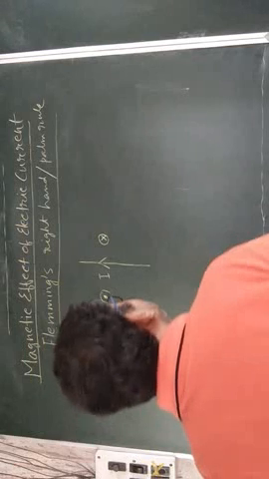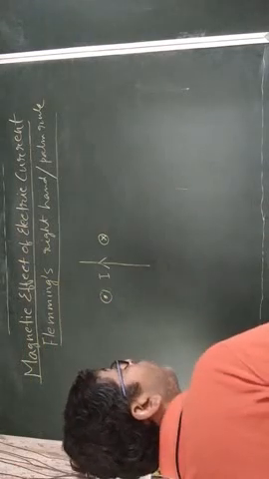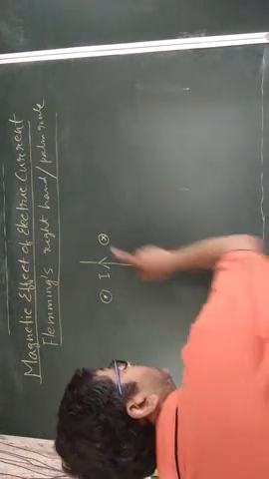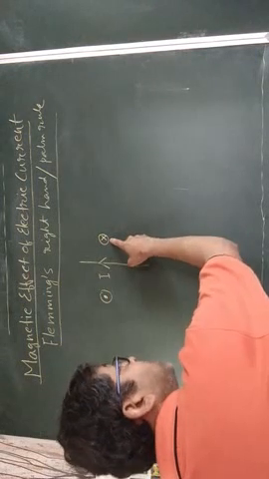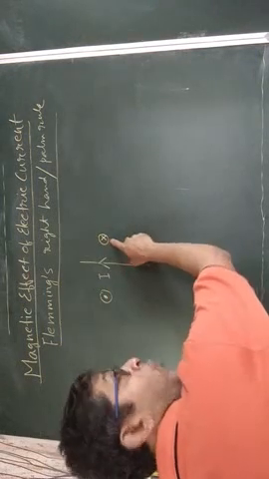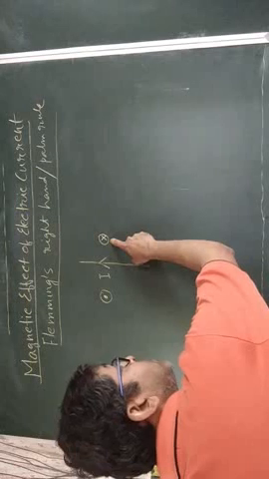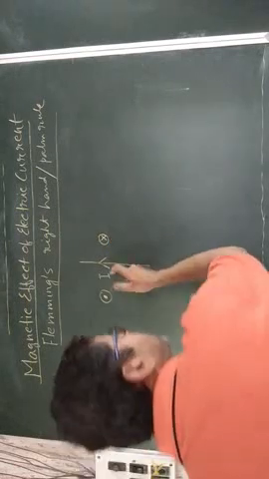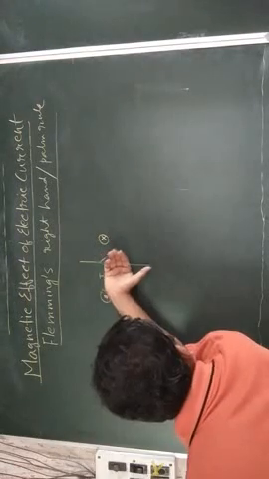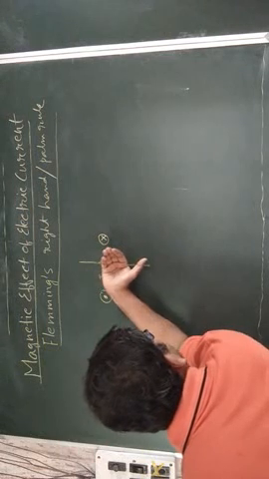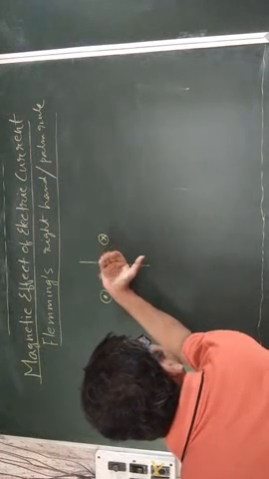Second point is, if we do not change the position of the point, but if we change the direction of the current this way, then the direction of the magnetic field will also change.